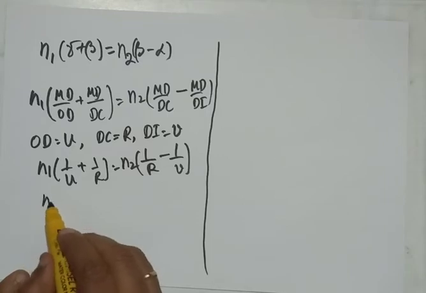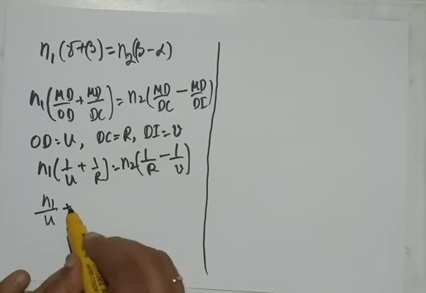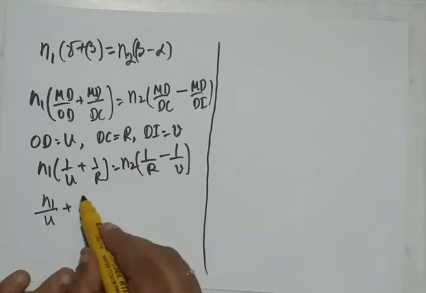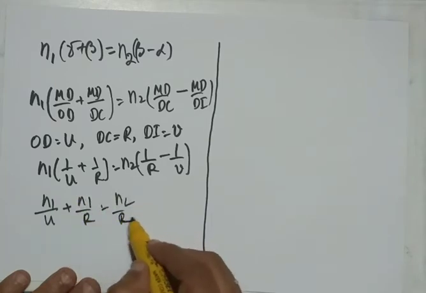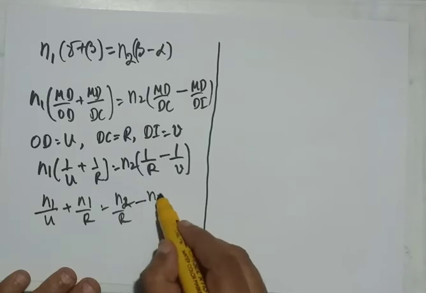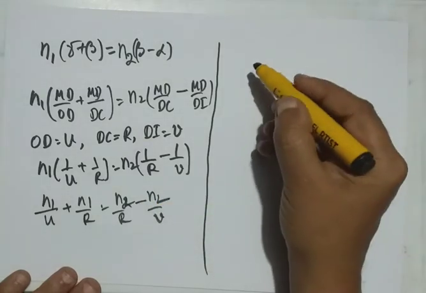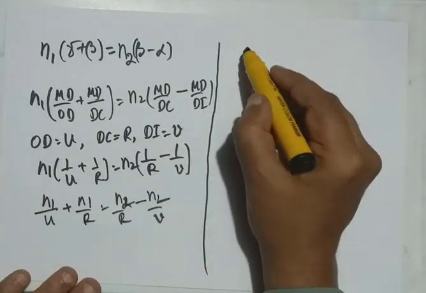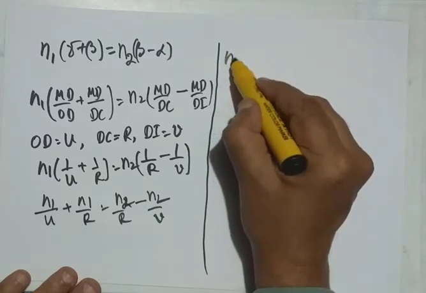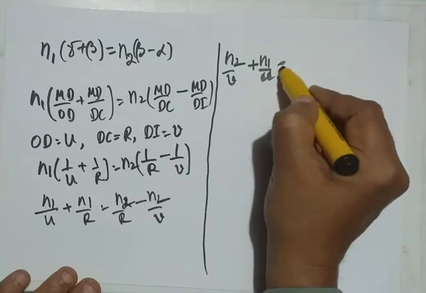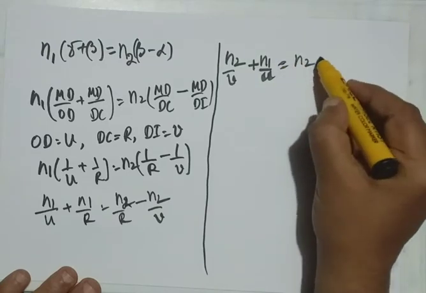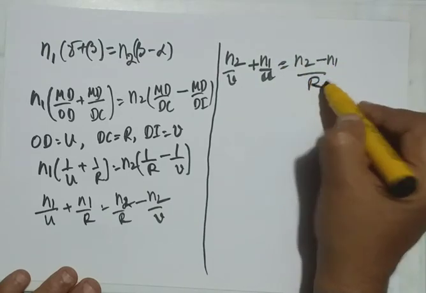We have N1 by U plus N1 by R equals N2 by R minus N2 by V. Therefore, taking U and V onto one side, I write N2 by V plus N1 by U equals N2 minus N1 by R.